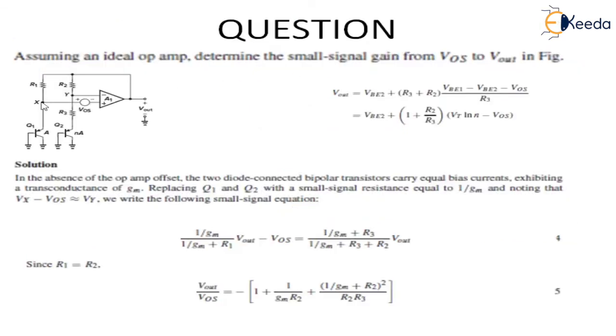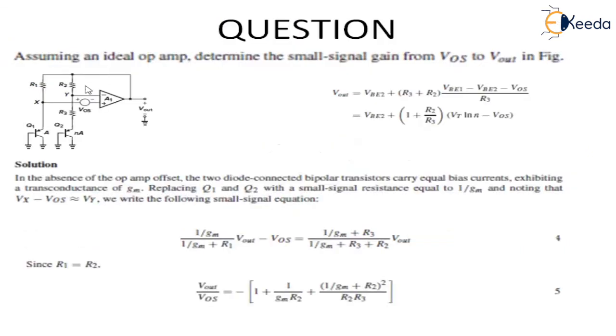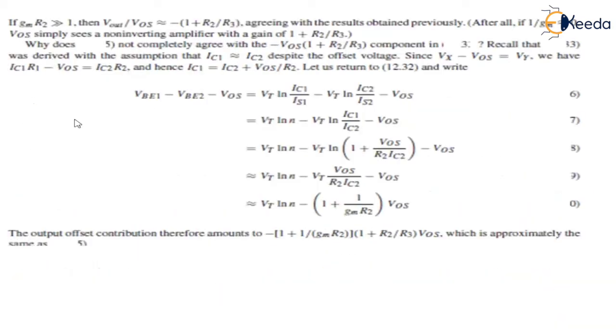The voltage drop at Vx can be written as IC1 R1. Substituting this value of Vx, IC1 R1 minus VOS is equal to Vy, which on the right-hand side branch can be written as IC2 into R2. Hence we get IC1 equal to IC2 plus VOS by R2.